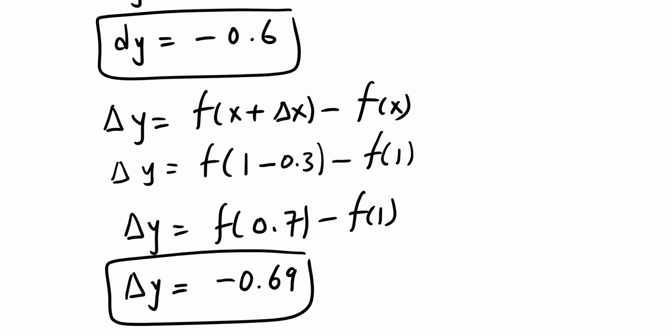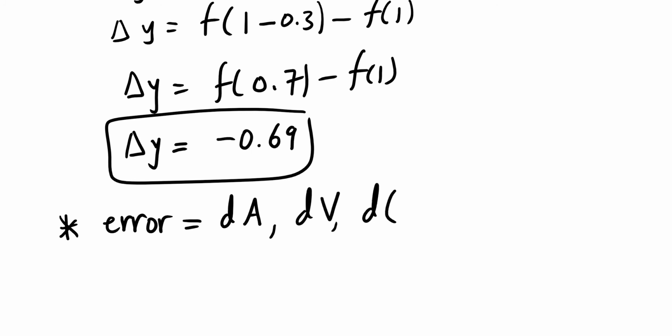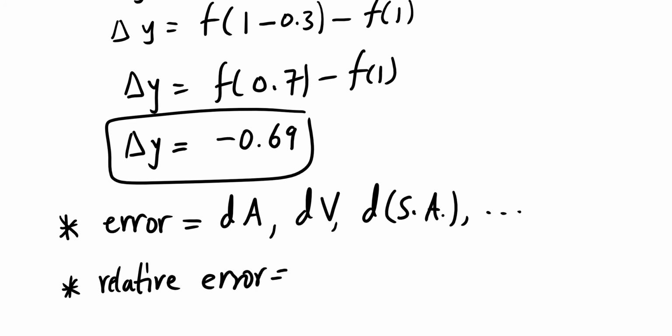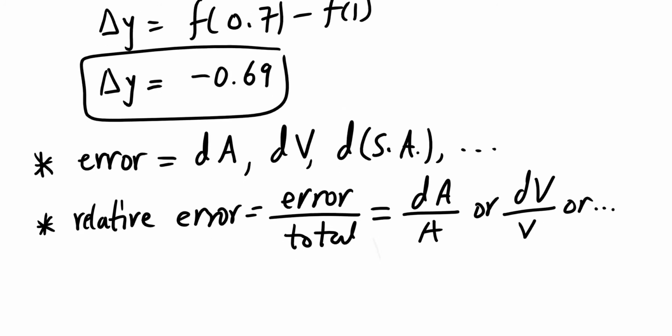Now, where do we use these things? Well, first thing, we introduce the error. Error can be the error in the area, dA, in volumes, dV, in surface area, dSA, and so on and so forth. We introduce relative error. Relative error is the error divided by the total, which is dA over the area, or dV over the volume, and so forth.